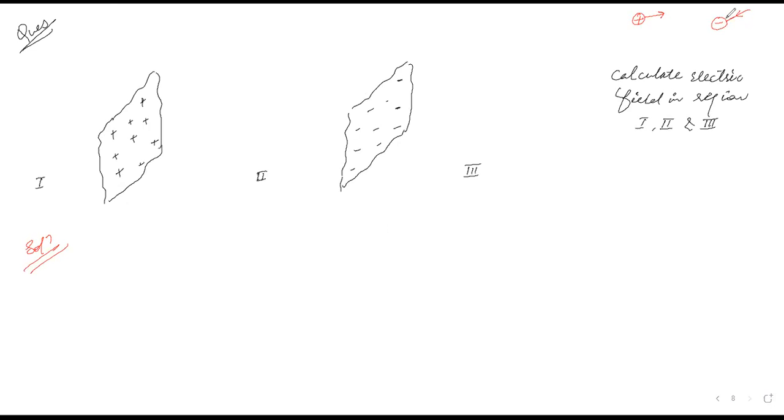Okay. Now if I take a point here, suppose this is your point in region 1, what will be the direction? This is your plane sheet 1 and this is your plane sheet 2. Can you tell me the direction of the field due to the positive plane sheet?